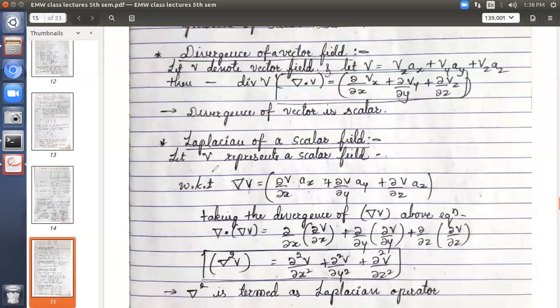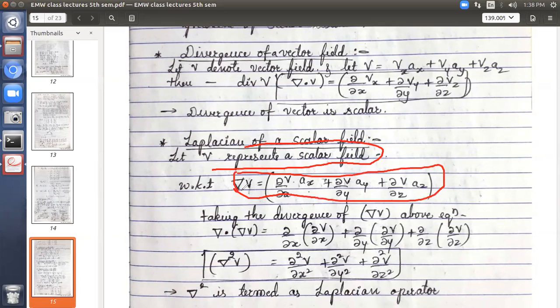Check. If we represent a scalar field initially, and we got this already, it is a gradient. Del V is equal to this. It is a gradient. When we take the divergence for this, because whatever answer we get here is a vector, for this vector we will apply the divergence.